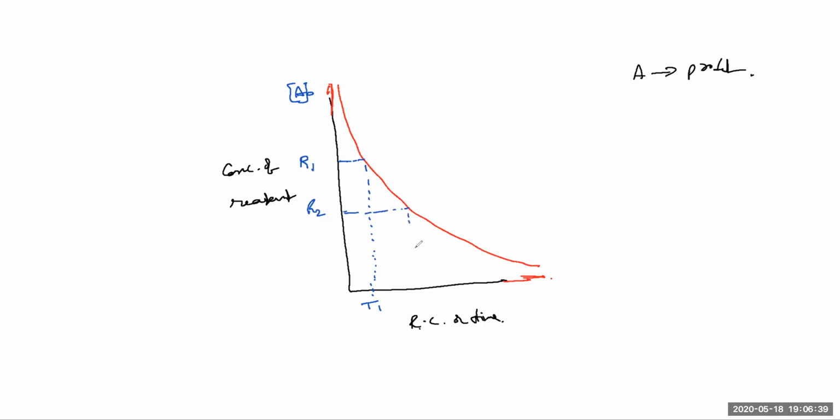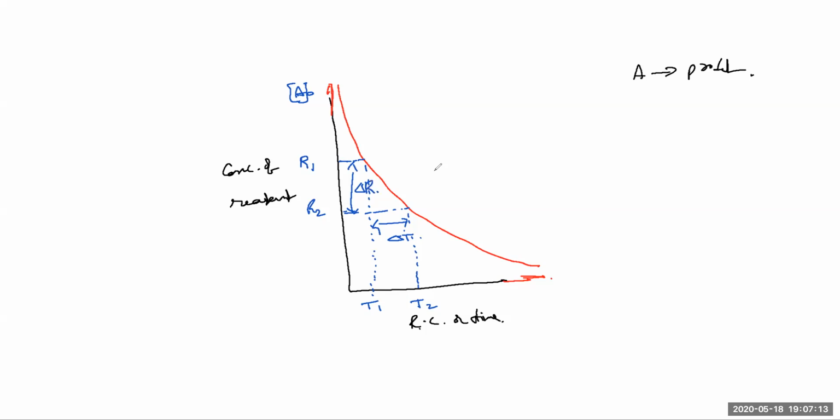Observe the curve here. So this is the time difference, delta T, right? From here, what is the concentration difference? That is simply delta X, or delta R, I am writing, because it is a reactant.